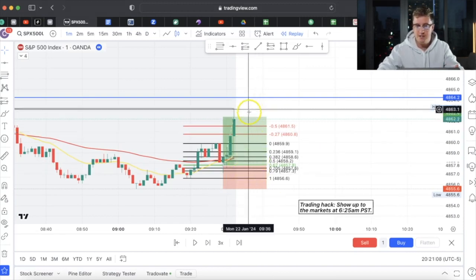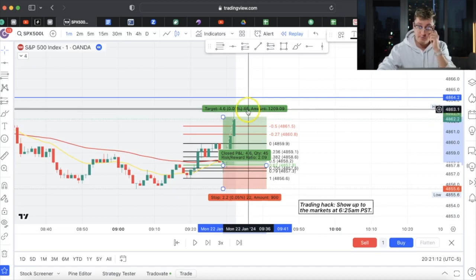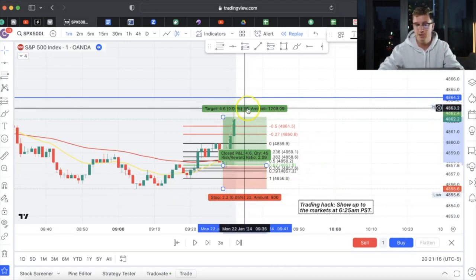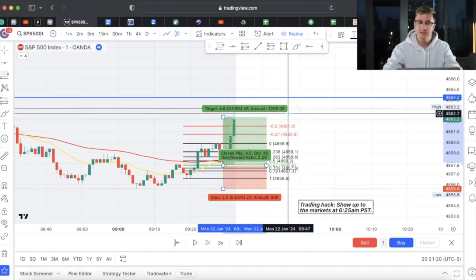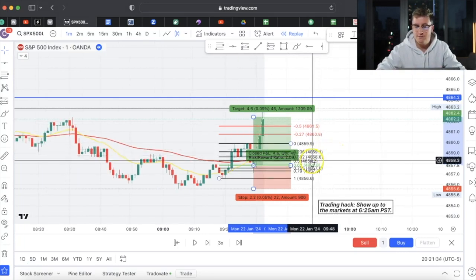So it doesn't matter, because if we did have a bigger stop loss and a bigger TP, or a smaller TP and smaller stop loss, and we're used to 100, 300, 400, 500 pip or tick trades, then what we would be looking for is to enter a bigger contract size for futures, or a bigger lot size for forex pairs. So that's the only difference. But guys, this is how you use the fibs, and let me show you.